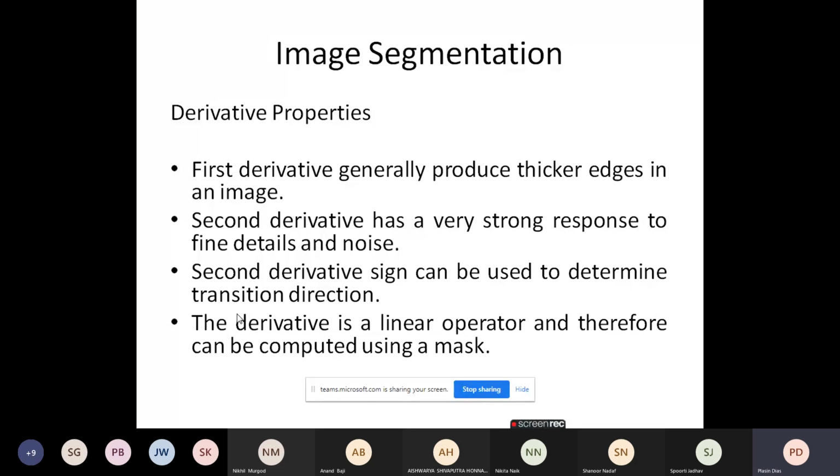The center pixel is considered as W of 0, 0, and beside that you have W of 0, 1, and on the left side of that center pixel you have W of 0, -1. Am I right? If you go to the horizontal up row, then you have W of -1, -1, W of -1, 0, and W of -1, 1. I'm talking about the general 3 into 3 mask.